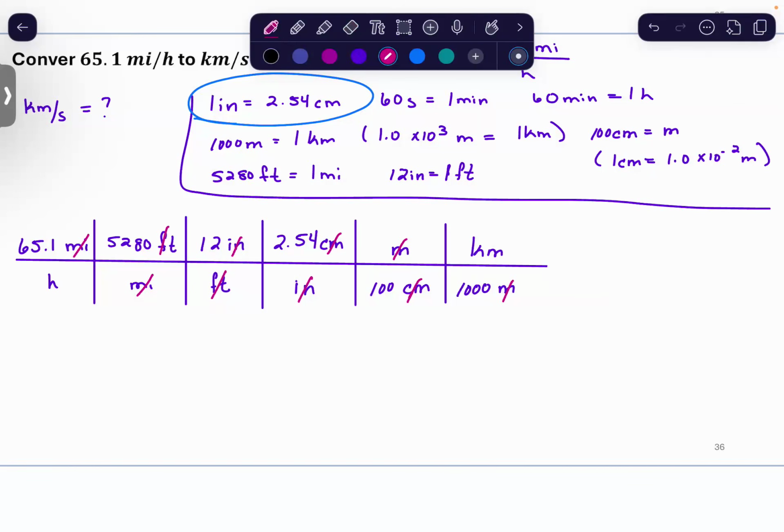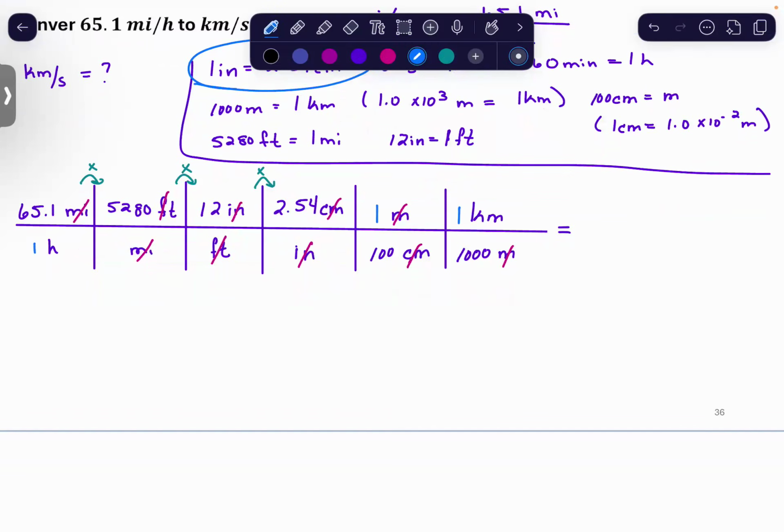And I'm going to have kilometers per hour. So again, I'm going to do 6.51 times 5280 times 12 times 2.54. And then, of course, these others are just 1 and 1. Okay, now, across the bottom, I have ones.